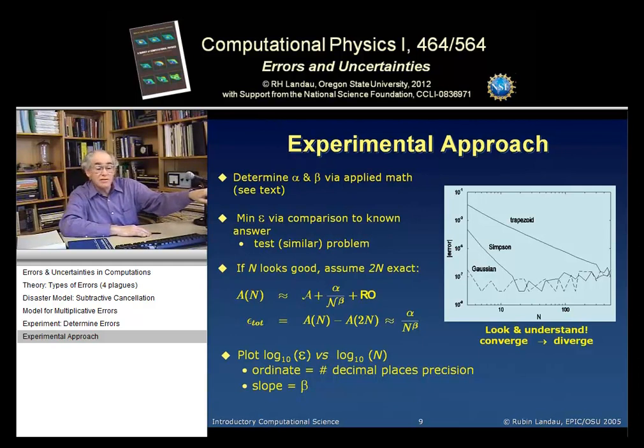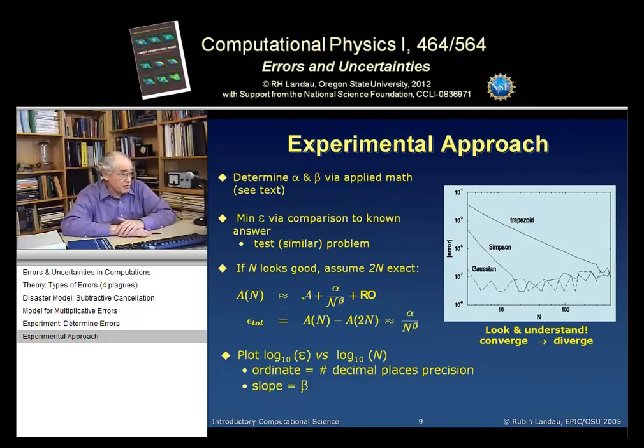Very slow rise in the noise at the bottom, with it jumping around. Jumping around means it's noise. We don't know exactly how it behaves, but it accumulates randomly, but it gets bigger. And the best you can do is when the total error is the smallest, is when the round-off error is about equal to the algorithmic error. Because after that, round-off error dominates.